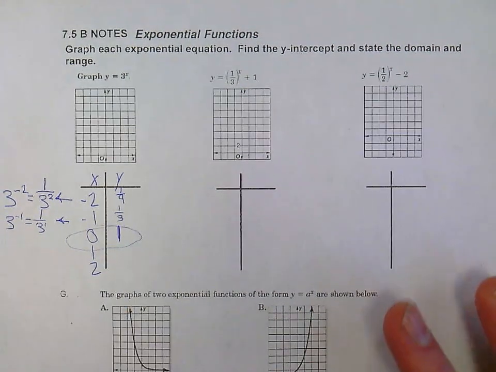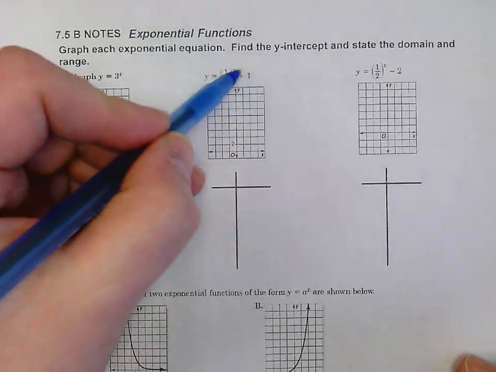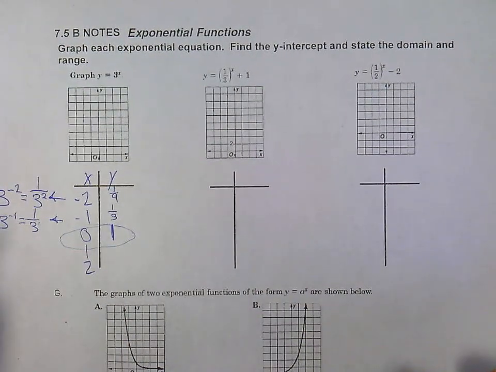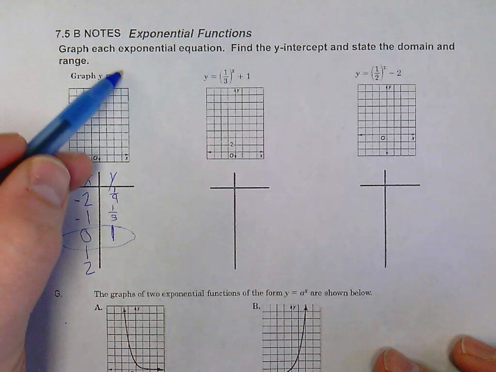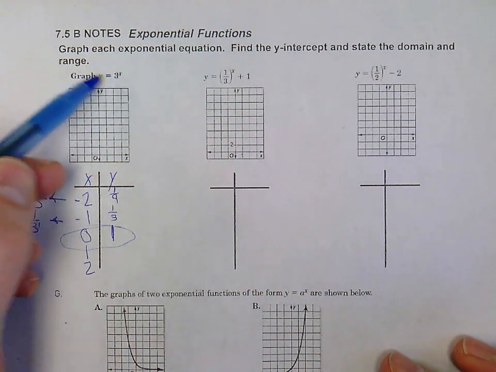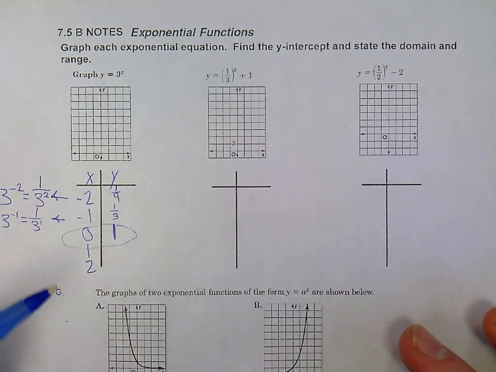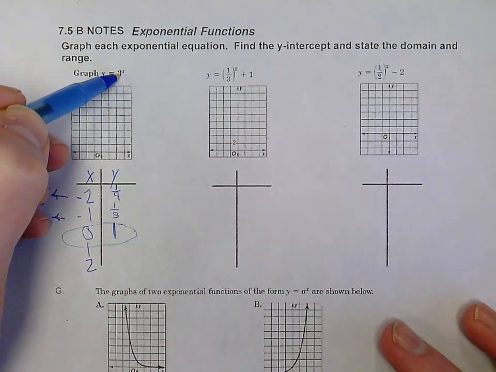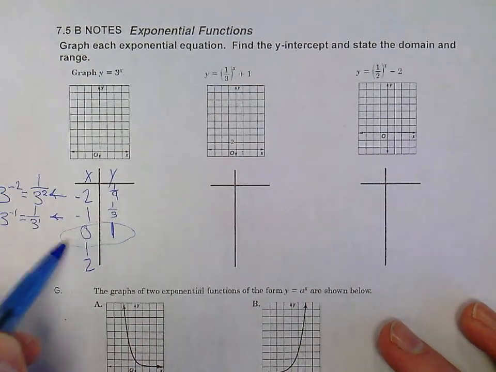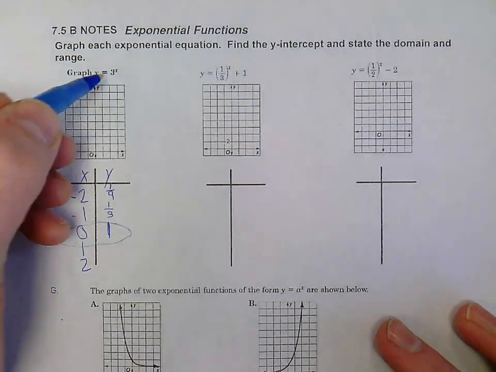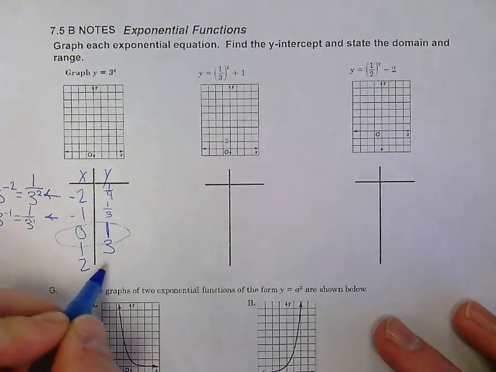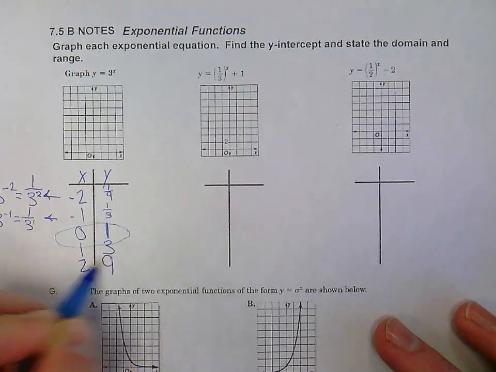This y-intercept, unless it's moved up or down, you are always going to have a 0, 1, if you have a base form exponential function. And we're going to talk about what those base forms are here soon. But if I just have a number to an exponent, I'm always going to have this point. If I put a 1 up here, 3 to the first power is 3. If I put a 2 up here, 3 times 3 is 9.